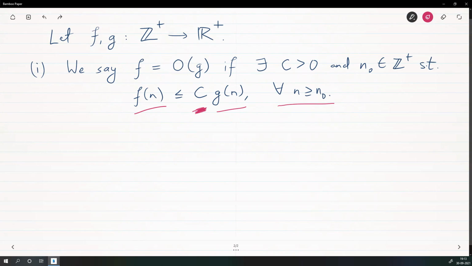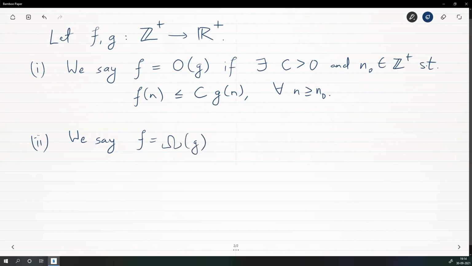Okay, so that is what this is, and omega is of a similar kind. So what does that mean? We say f is omega g. So let me just write it a little more neatly.